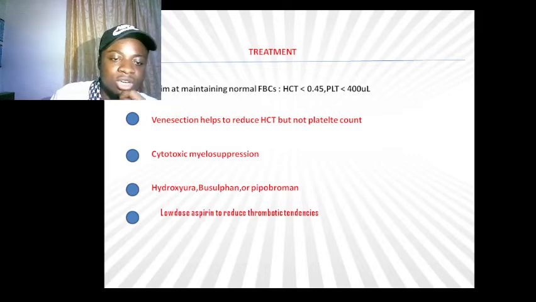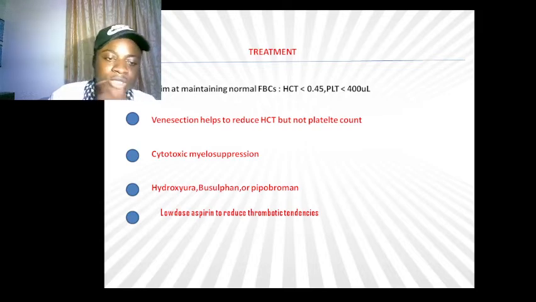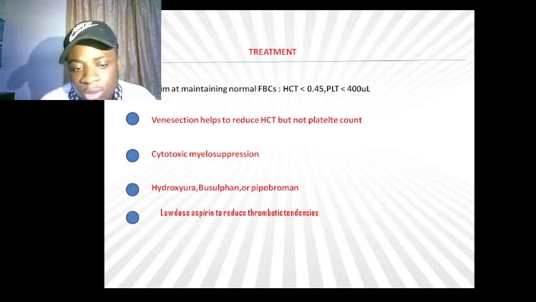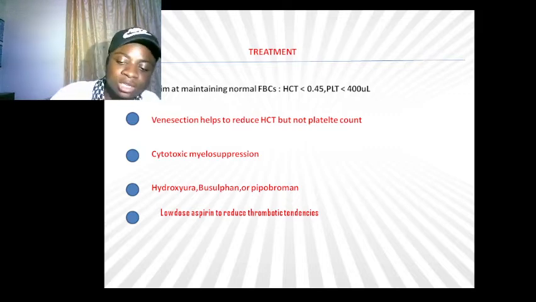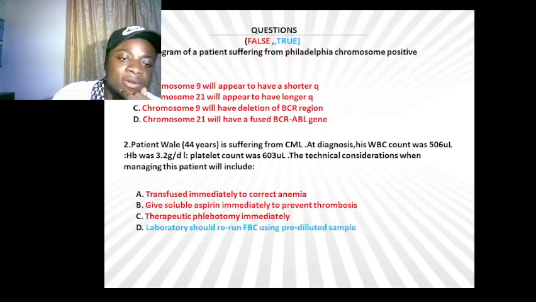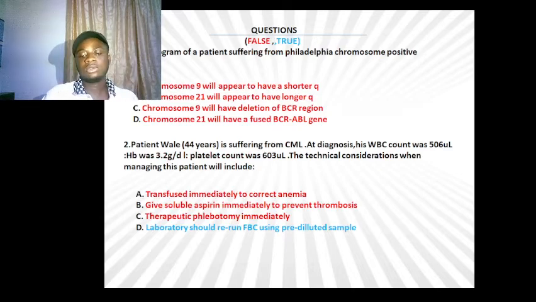All these are drugs that can control the condition. Low dose aspirin is given to reduce thrombotic tendencies, such as pains and other thrombotic conditions. Okay, so that is the end.